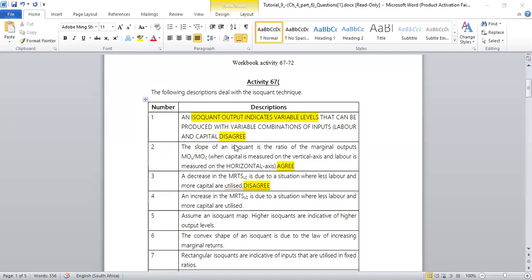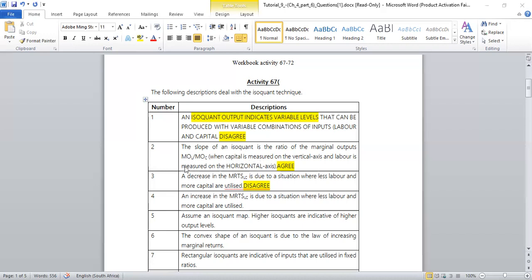Why? Because of the law of diminishing return. The law of diminishing return tells us that if we keep on employing more units of a certain variable, the output, or the final product, tends to decrease.